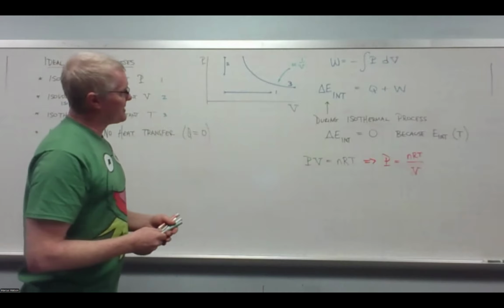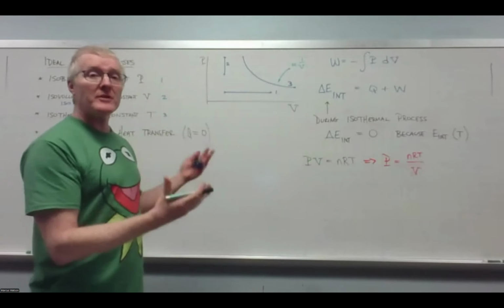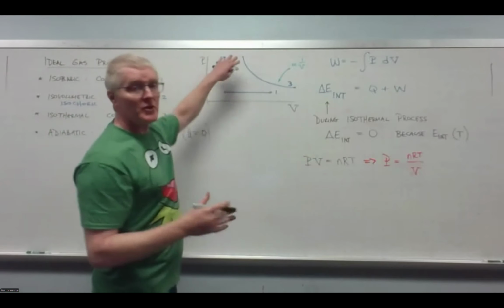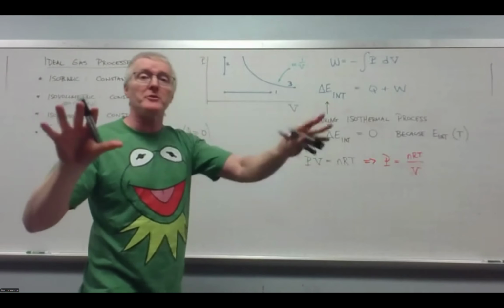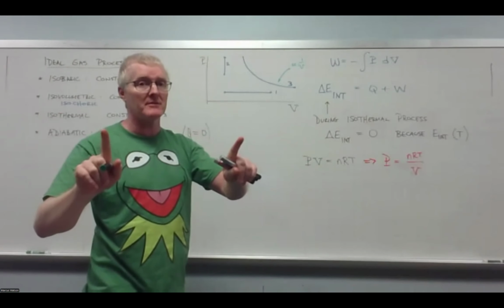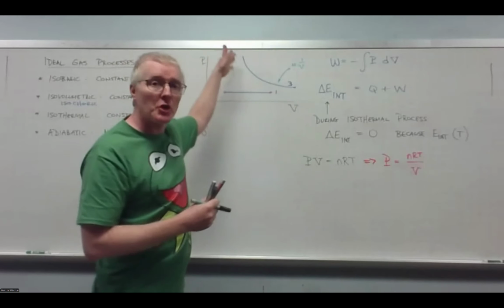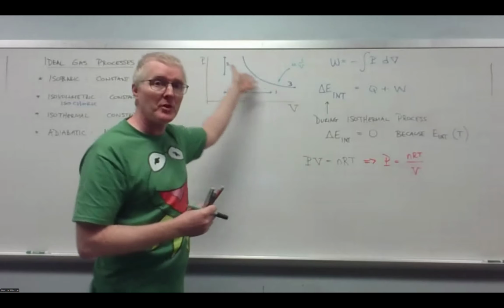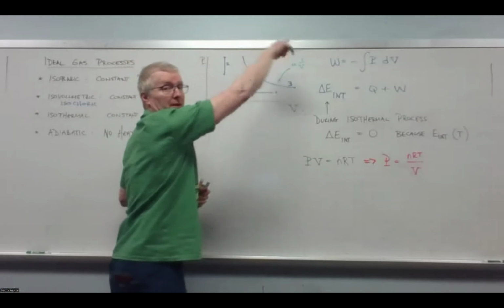Now, in the PV diagram, you get a family of these things. So on every PV plot, you think, oh, I only have information about the pressure and the volume because it's a PV graph. But that's not 100% accurate because embedded in there are these isothermal curves. And so they go all around, like this.